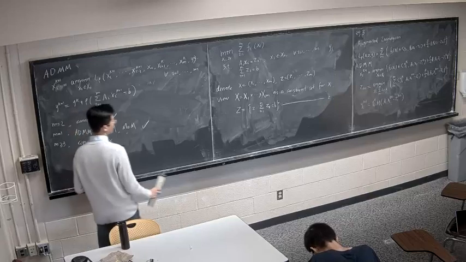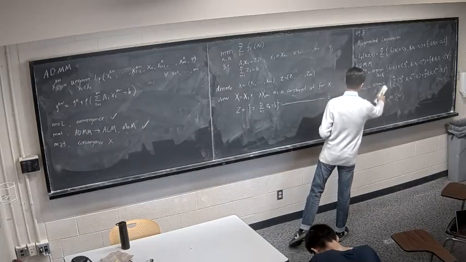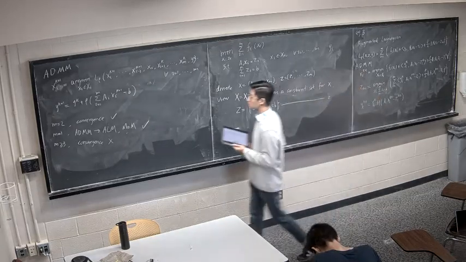So let's introduce, because we have a constraint here, another Lagrange multiplier associated with this constraint.